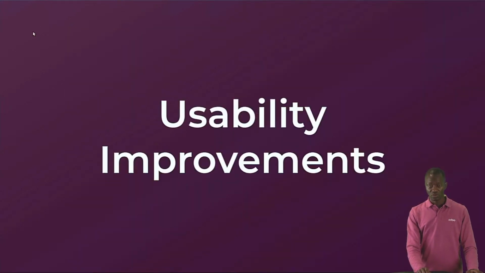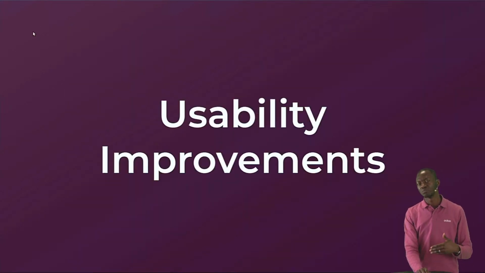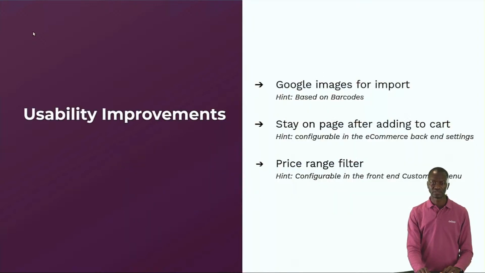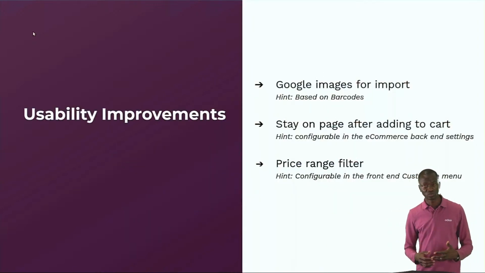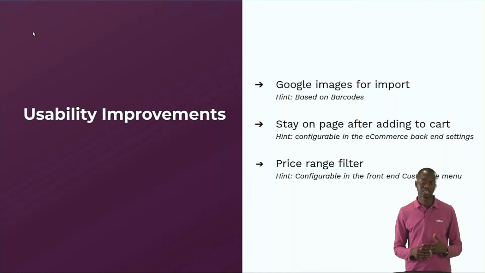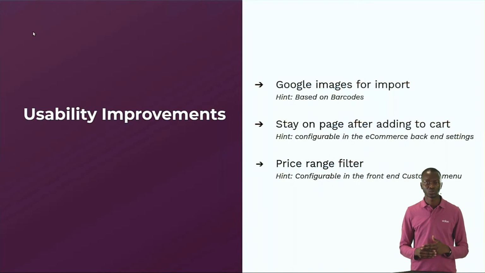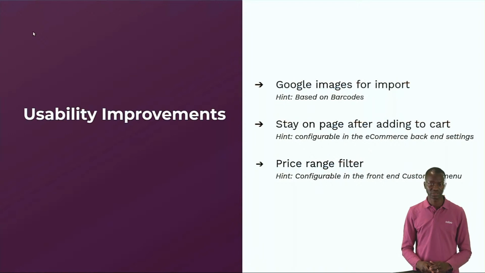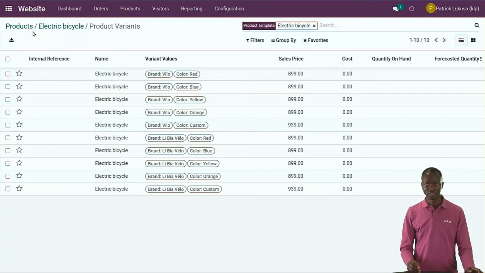Fast forward, we also have put a lot more other improvements in the system. When you're creating a website, one of the things you might want to do is to populate your product images. This can be a daunting task. Sometimes you don't always have the time, you don't always have the skills to take beautiful pictures. And now we allow you to populate the images automatically using Google Images. I will show you really quick too.